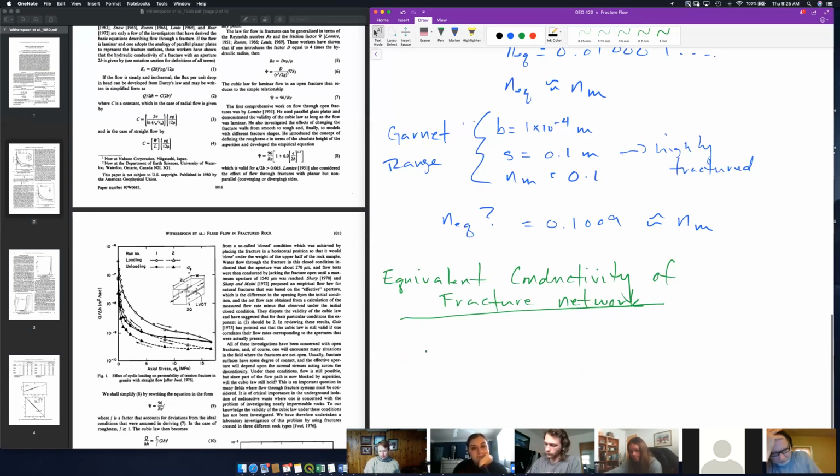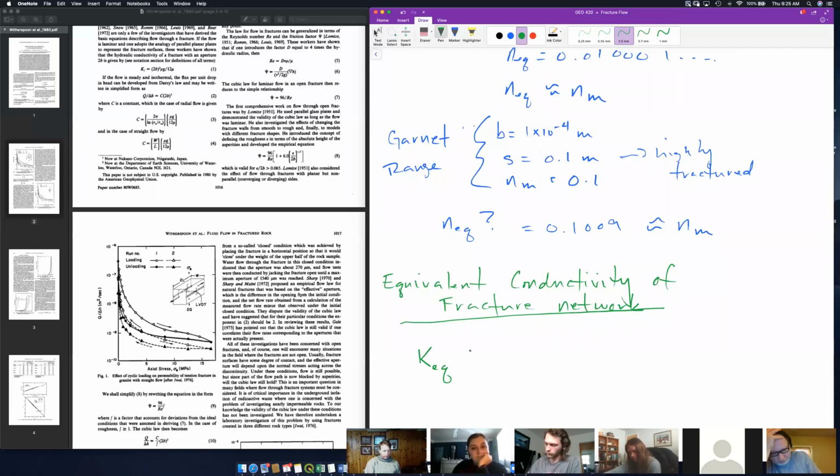K equivalent is equal to the hydraulic conductivity of the porous media plus the area of the fracture over the area of the matrix times Kf, the hydraulic conductivity of a single fracture, over 1 plus the area of a fracture over the area of a matrix.